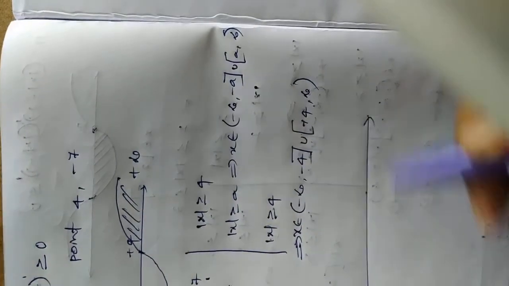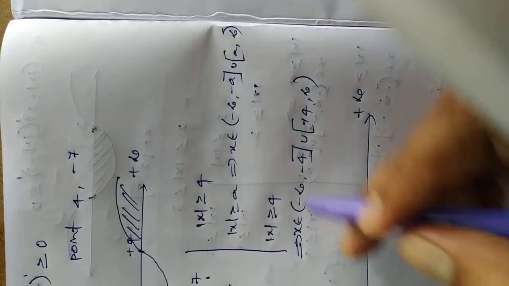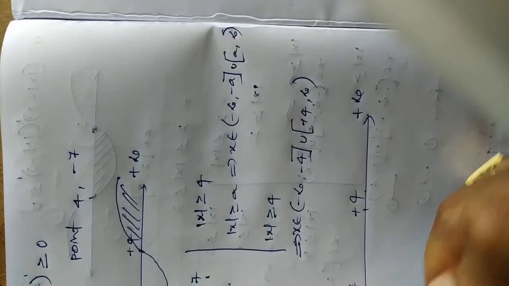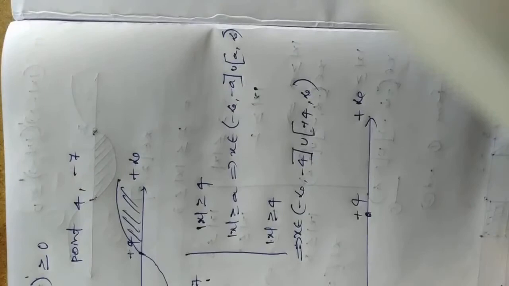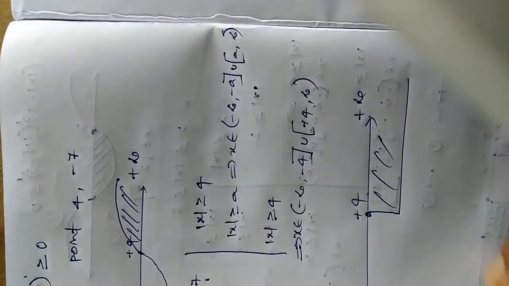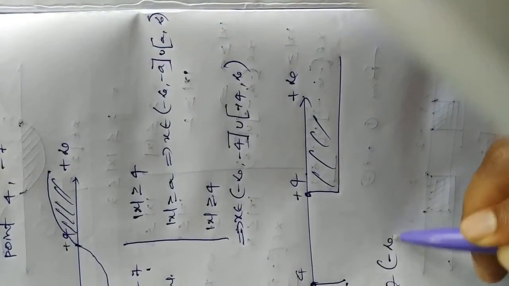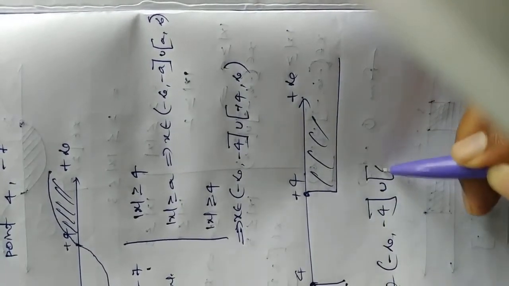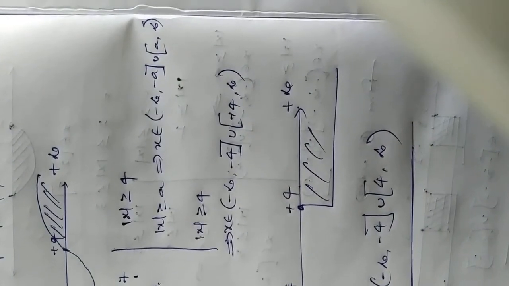Draw a graph with minus infinity and plus infinity. Take the values minus 4 comma plus 4. These two values are included. So x values go from minus infinity to minus 4 and from plus 4 to infinity. This is the solution: x belongs to open minus infinity comma minus 4 closed union plus 4 comma infinity open. This is the solution for the 12th question.